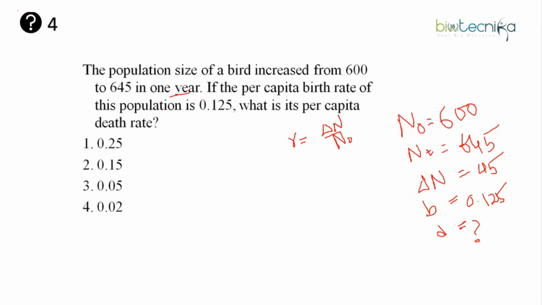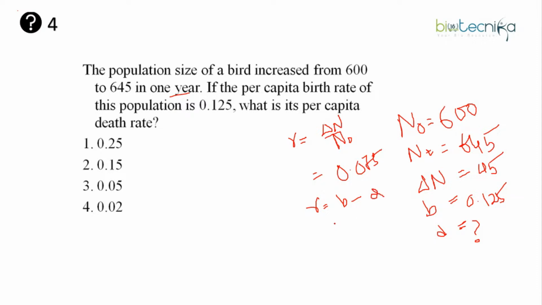So that means it is 45 divided by 600. So that will give you 0.075.